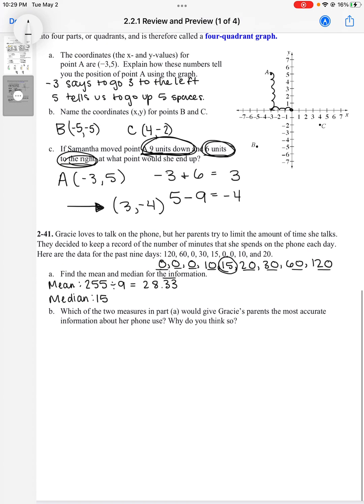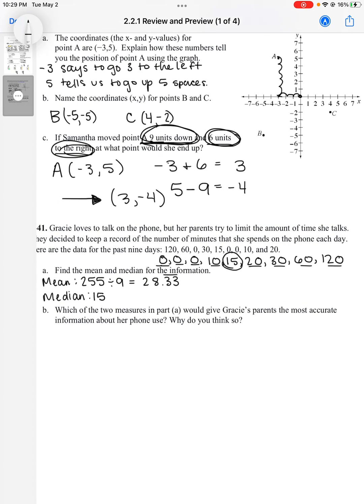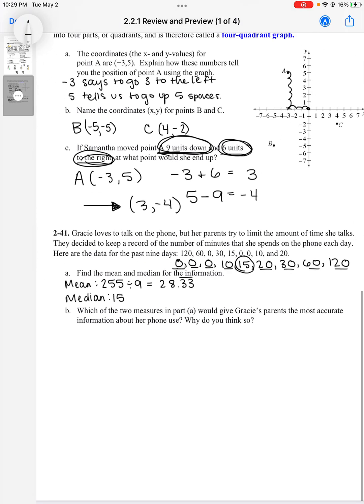Okay. So now I know the mean and median, and they're similar, but the mean got a lot larger. Okay, it got more than 10 larger. It increased by more than 10.